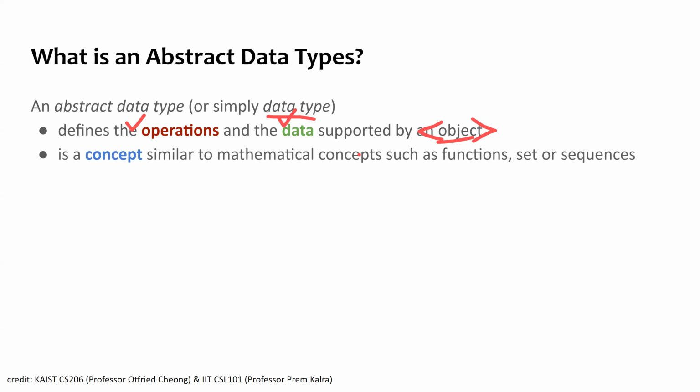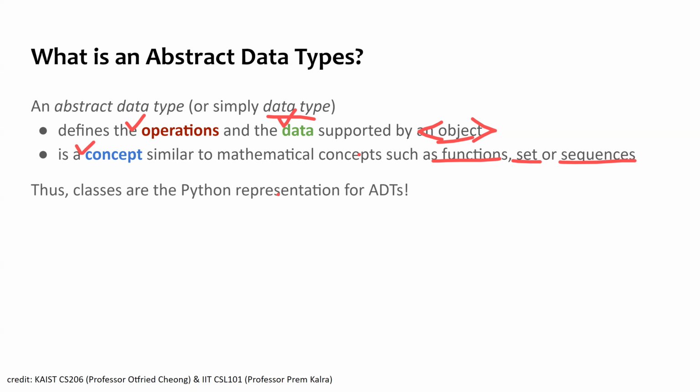An abstract data type is a concept similar to mathematical concepts such as functions, sets, or sequences. What does it mean? Classes are the Python representation for ADTs. We abbreviate abstract data type as ADT.